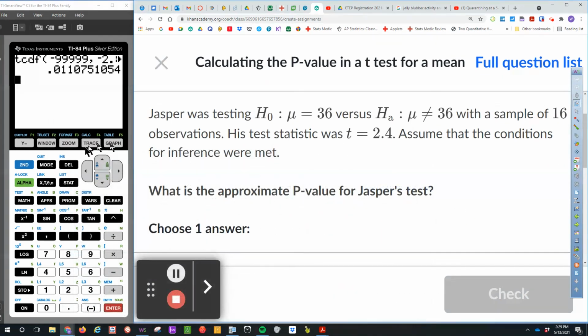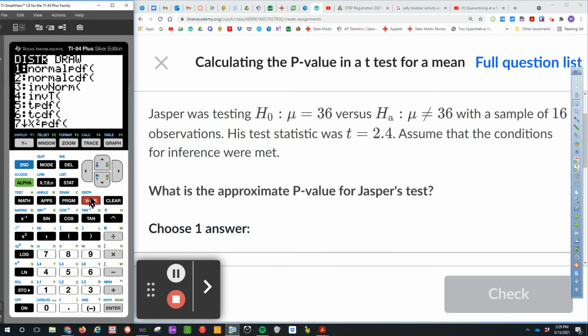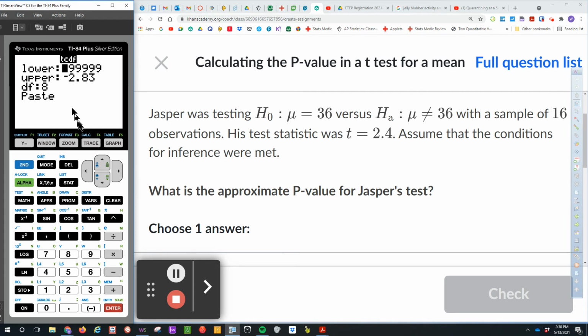On my calculator, I press 2nd, VARS, go to tcdf, and enter the lower bound negative 99999, upper bound negative 2.4, and degrees of freedom 15. Voila.